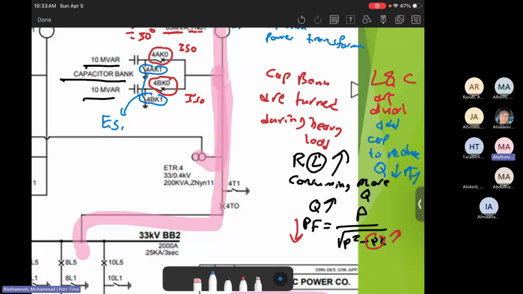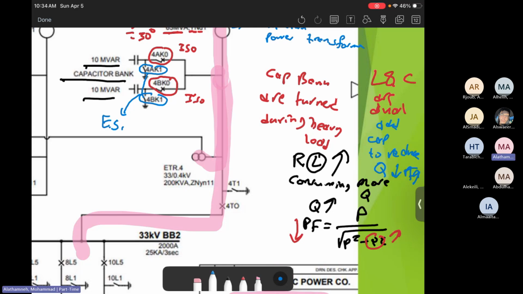It will be increased, will be improved. So the overall thing about it is that the vast majority of our loads are RL. Why are they RL? Because the vast majority of our loads are based on motors, like air conditioner motors, dryer motors, refrigerator motors. So it's based on motors. Washer is a motor.